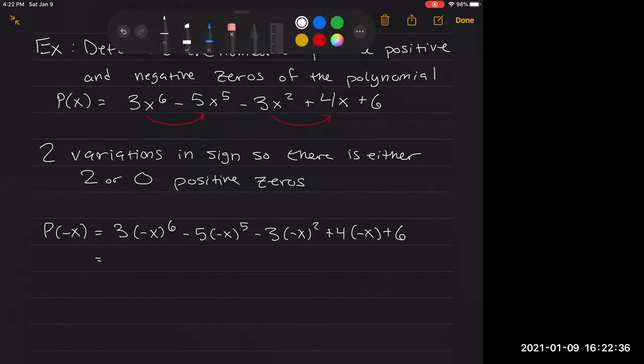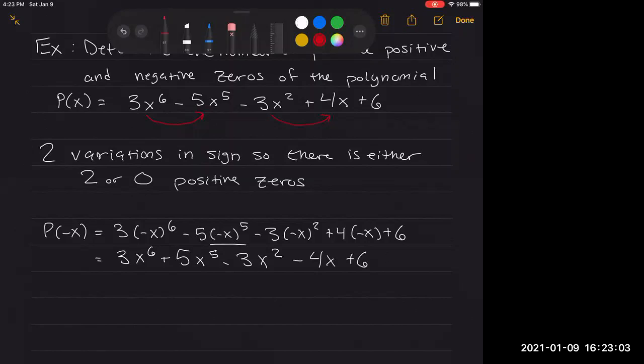And when you have a negative number to an odd power, that stays negative. So here we just get 3x to the 6th, and then the negative x to the 5th cancels with the negative 5, so we get a plus 5x to the 5th. The negatives cancel, so we just get a negative 3x squared. This negative gets pulled out front, so minus 4x and then plus 6.